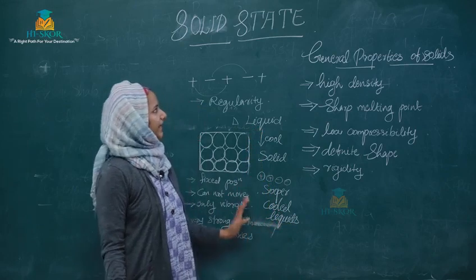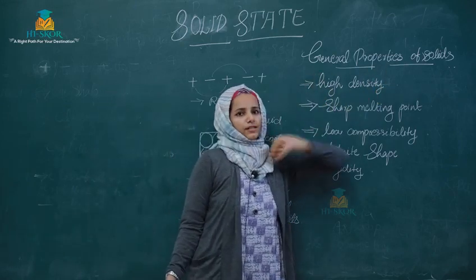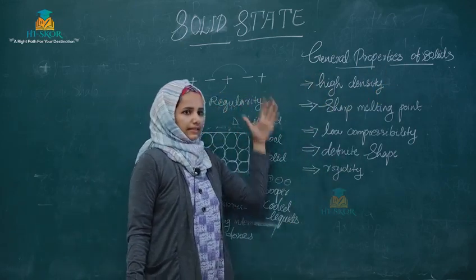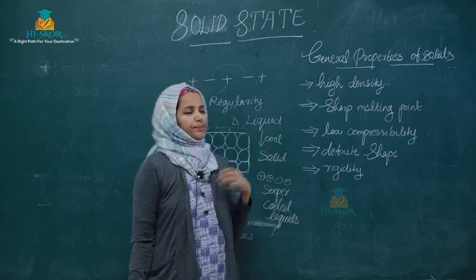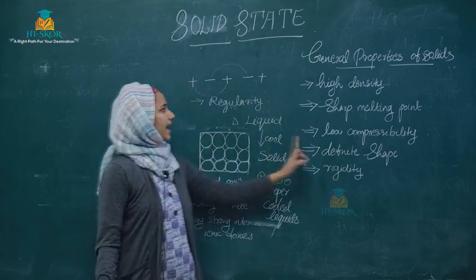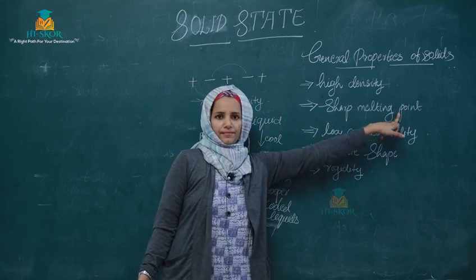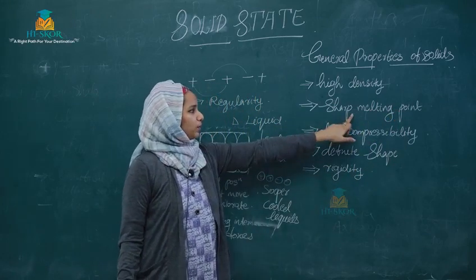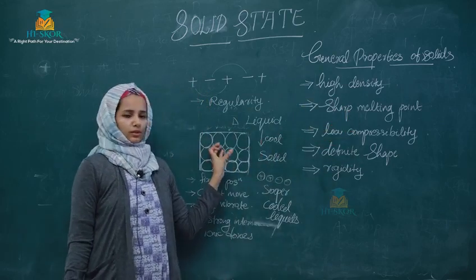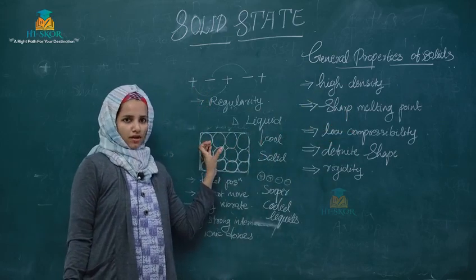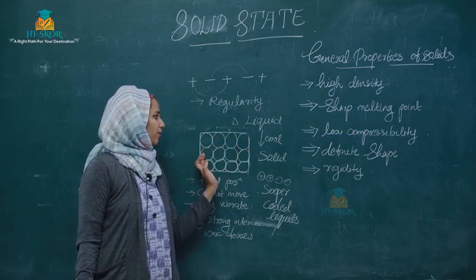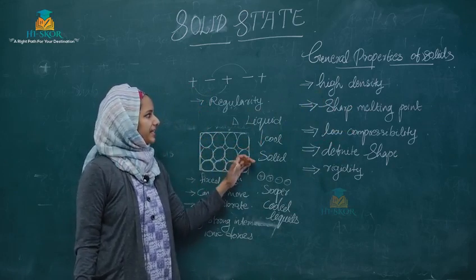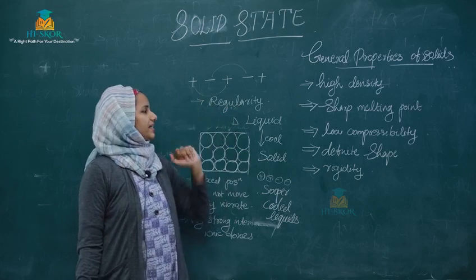Okay. So next is general properties of solids. What are the general properties? I told you solids possess a sharp melting point. Due to why? Because of its closely packed arrangement, strong intermolecular or interionic force of attraction, minimum kinetic energy and regularity in the arrangement.